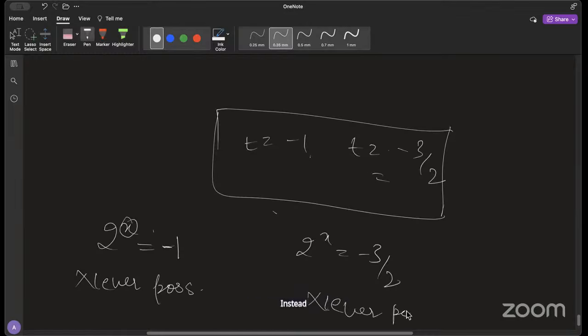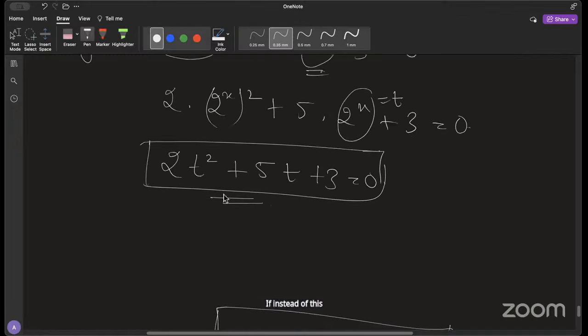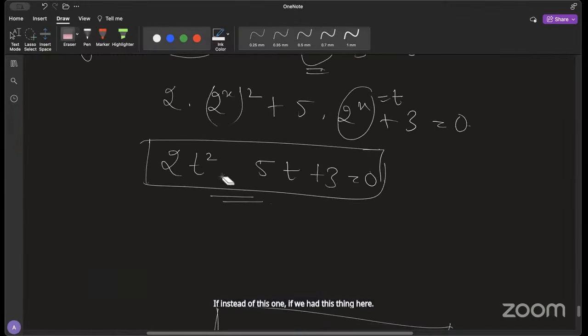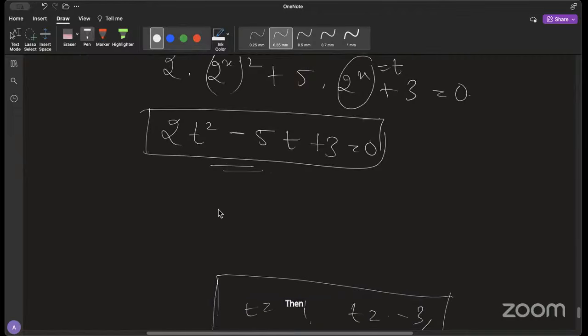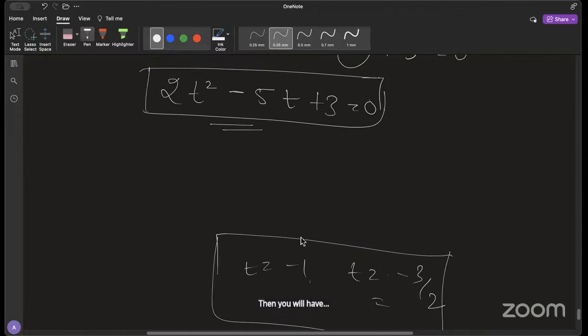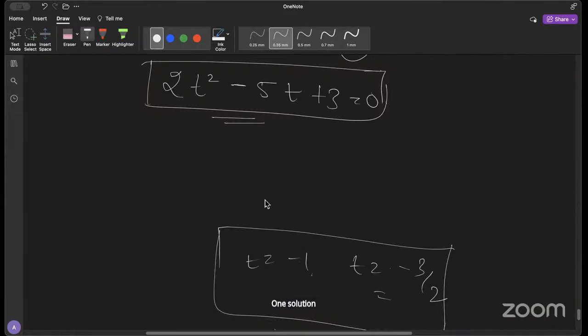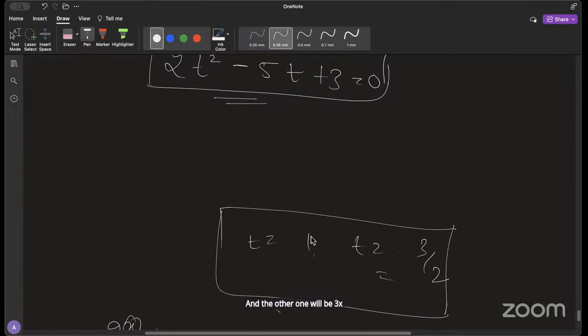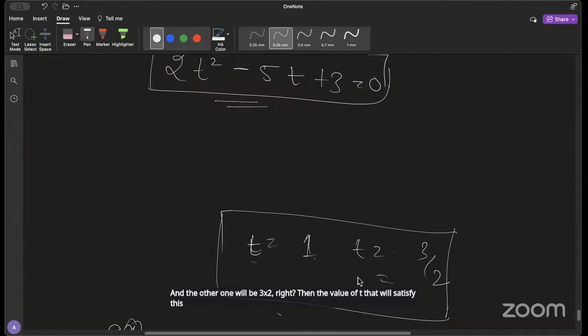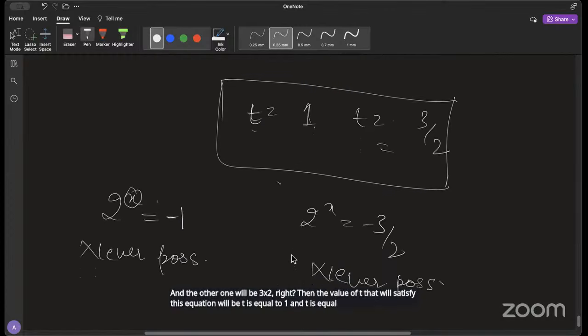Instead, let's say if instead of this one, we had a negative sign here, then one solution will be 1, and the other one will be 3 by 2, right? Then the value of t that will satisfy this equation will be t is equals to 1 and t is equals to 3 by 2.